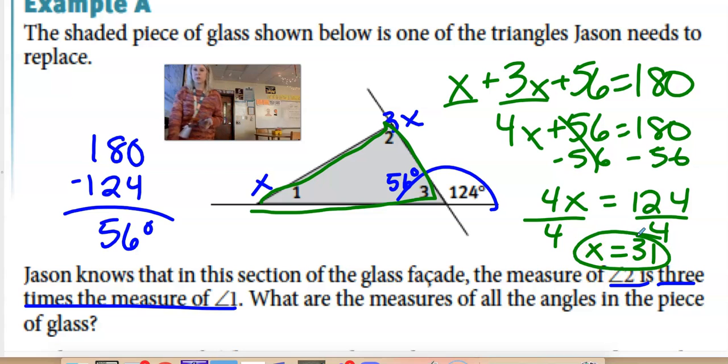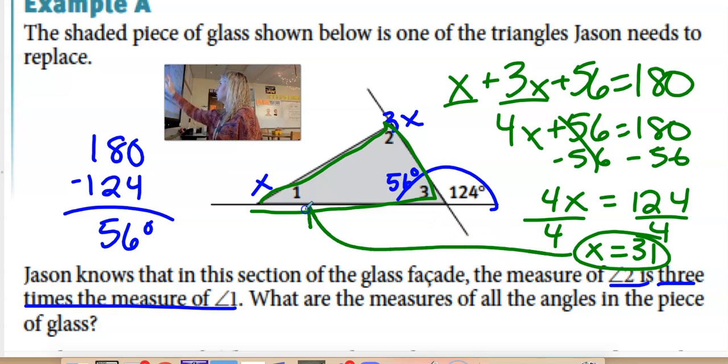Okay, so again, triangle sum states that all the inside angles add up to 180, and so I got x is 31. So if I want to find the measures of angle 1, I know angle 1 is going to be 31 degrees because it just represents x. Angle 2 I'm going to have to multiply by 3.